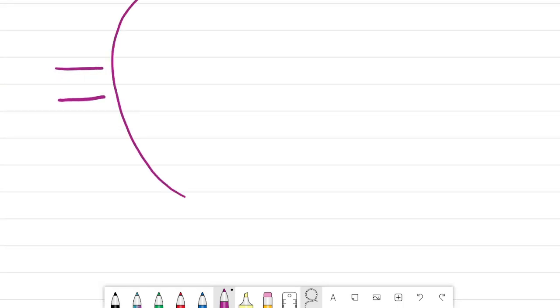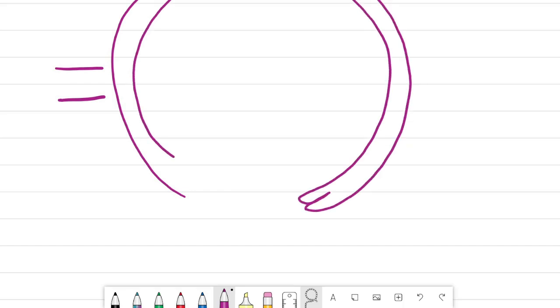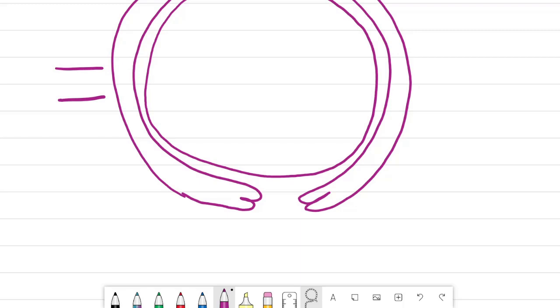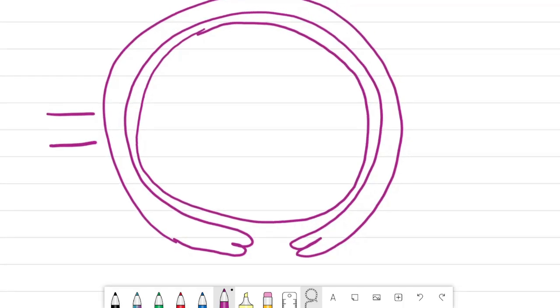I'm going to zoom in on the picture a little bit. Drawing the integuments, megasporangium, attach the funicle.